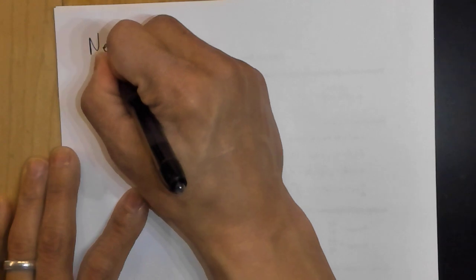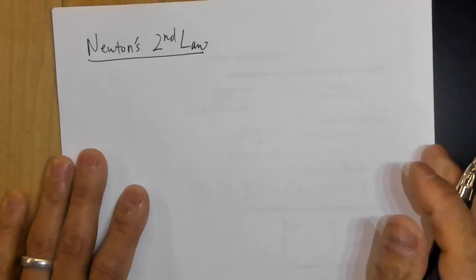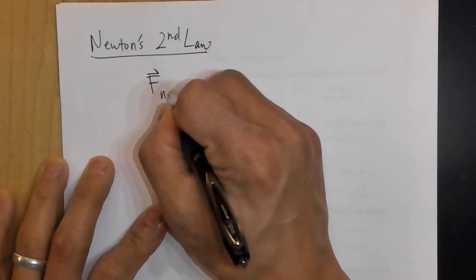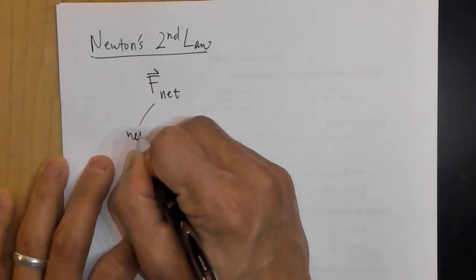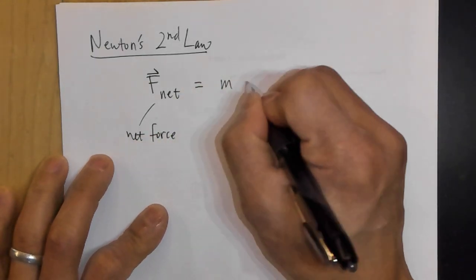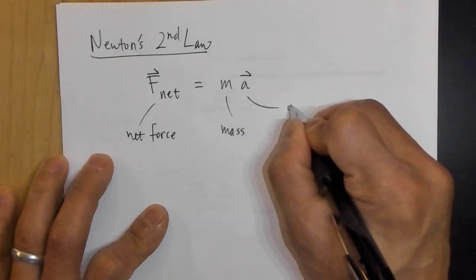So Newton's second law. Okay, we're assuming we're in an inertial frame, so we don't have any crazy laws of physics here. We will say that F net, remember this is the net force, the sum of all the forces on an object, is equal to the mass times the acceleration. So this is the mass, and this is the acceleration.